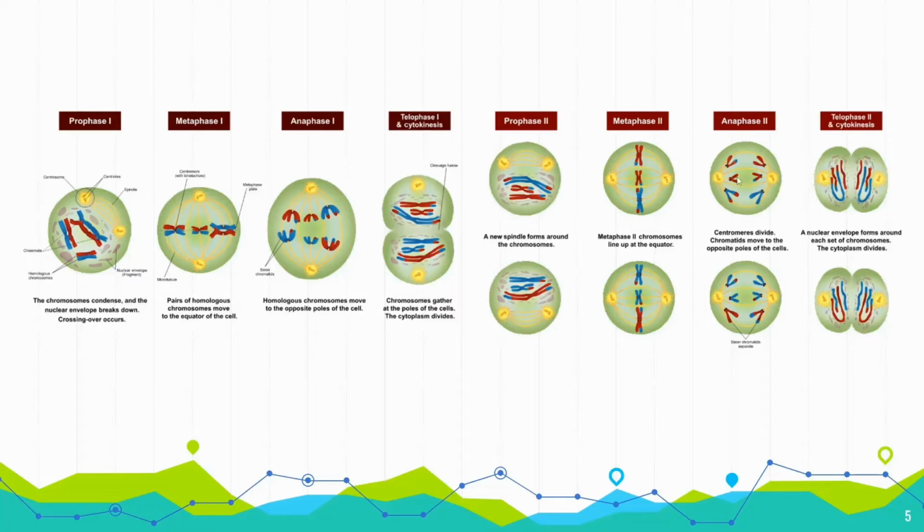And as you can see, the sister chromatids are moving away from each other. In telophase 2, the parent cell results in 4 haploid daughter cells, which are distinct from the parent cell. And in cytokinesis, the cytoplasm will divide, which completely splits the cytoplasm, ultimately forming 4 unique cells.